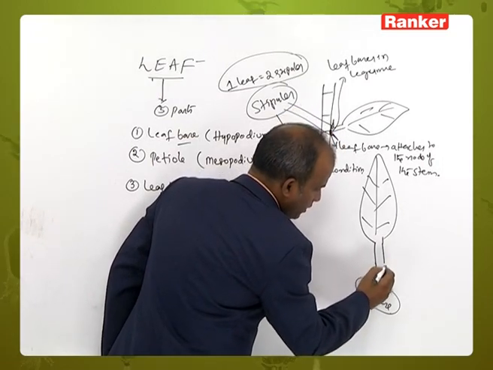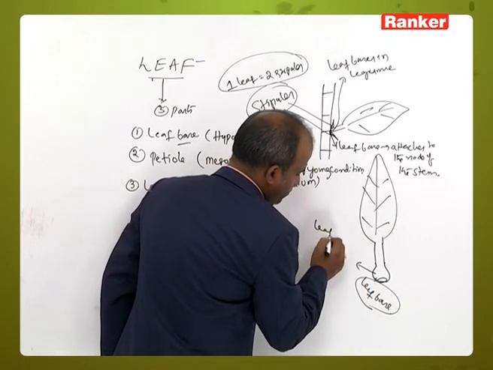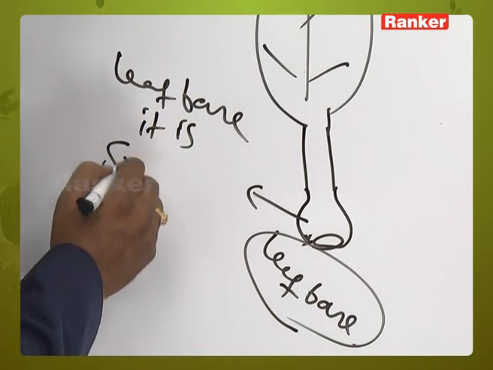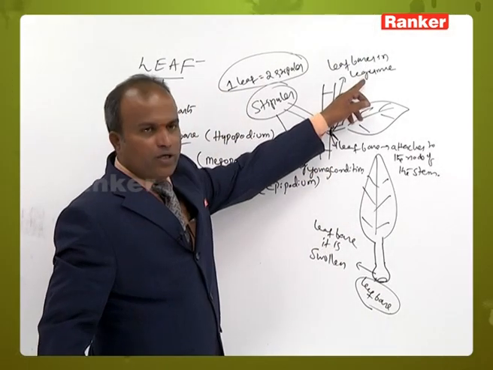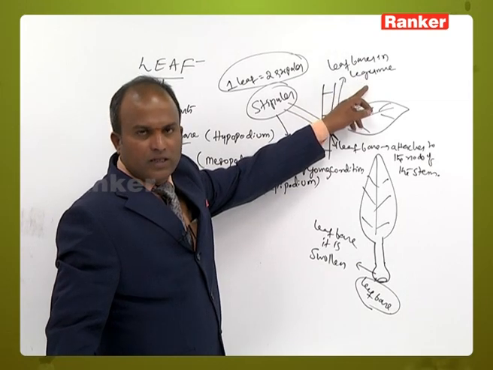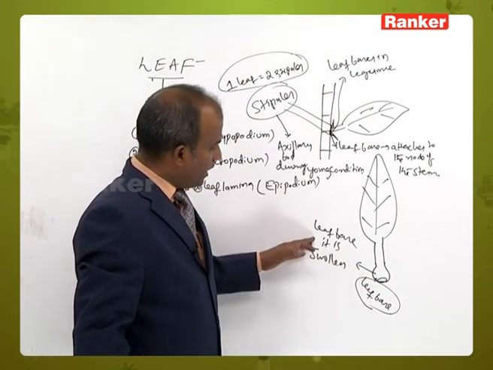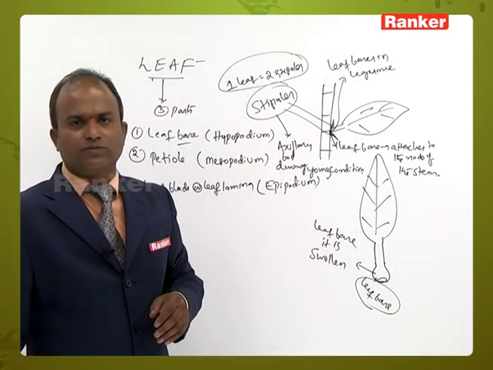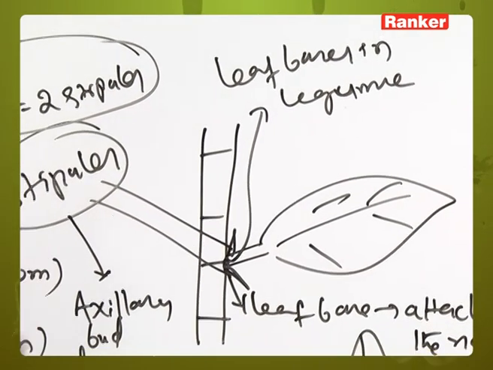That means the leaf base is swollen. Swollen types of leaf bases can be seen in legume plants.